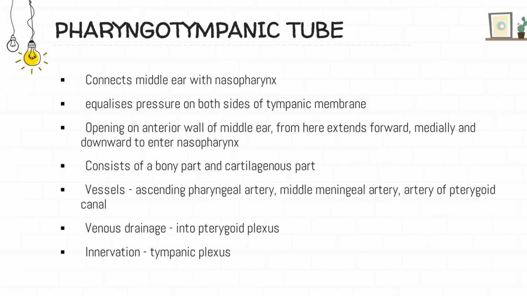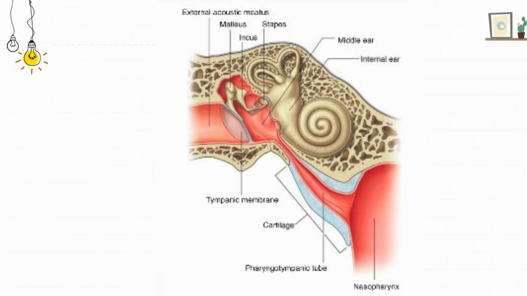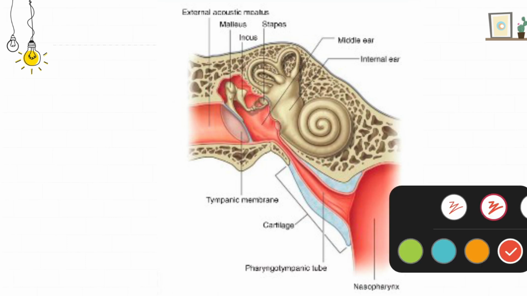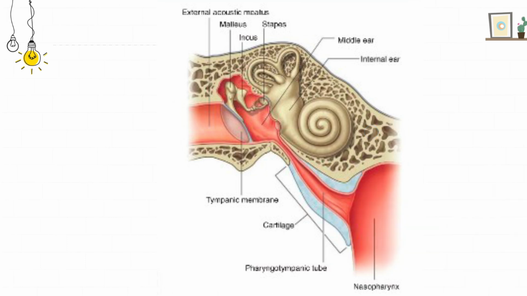This tube has a bony part and a cartilaginous part. The vessels which supply it are the ascending pharyngeal artery, middle meningeal artery, and artery of the pterygoid canal. Venous drainage is into the pterygoid plexus, and innervation is by the tympanic plexus. In the figure, you can see the middle ear anterior wall from where the pharyngotympanic tube is extending into the nasopharynx.